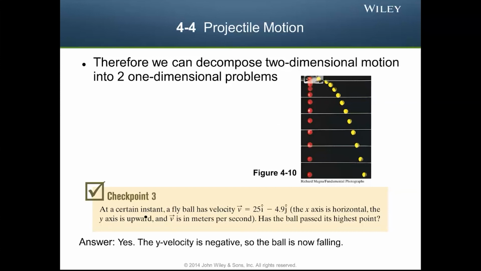Another checkpoint here. As a certain instance, a fly ball has a velocity of this and this. The x-axis is horizontal, the y-axis is upward, and v is in meters per second. Has the ball passed its highest point? What we're saying here is that they all kind of follow the same trajectory. As this thing moves through the x direction, the velocity does not change.